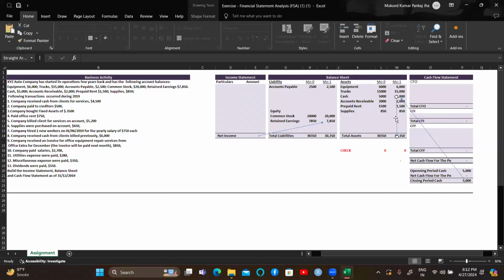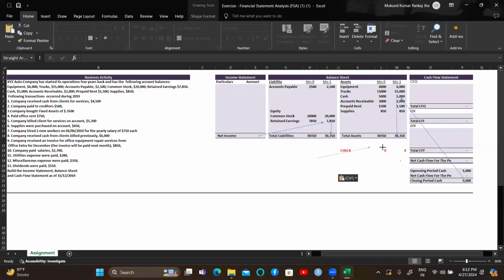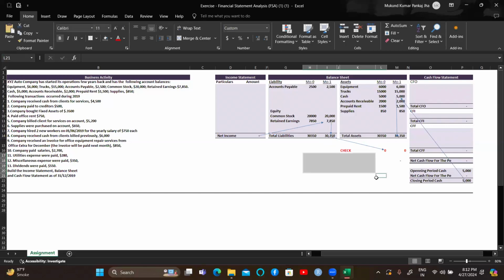This retained earnings are part of my total liabilities, and total assets and total liabilities will be reflected in this check line.